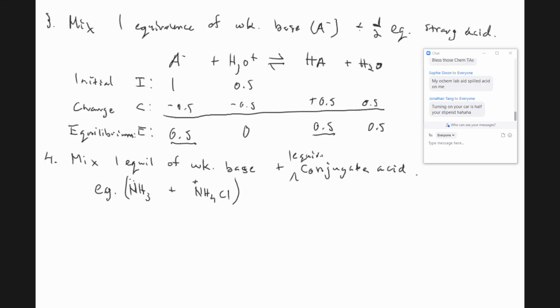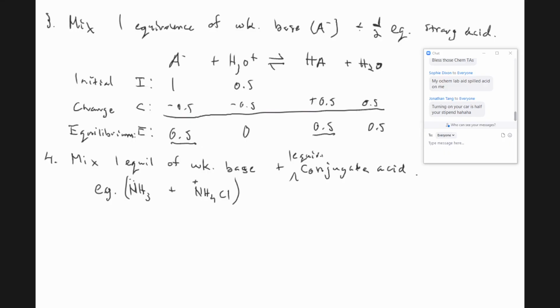So this is also how you create another stable buffer solution. So I've given you 4 examples of how to create a stable buffer solution, all of which lead to a 1-to-1 ratio of weak acid to its conjugate base, or one equivalence of weak base to its conjugate acid. Okay.